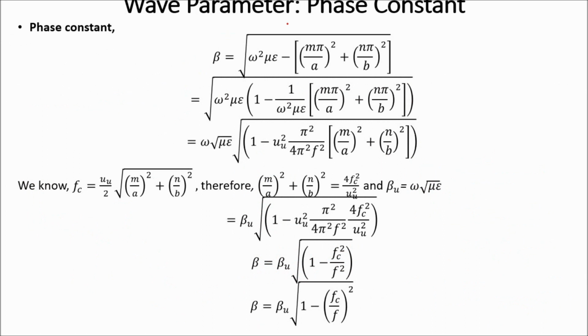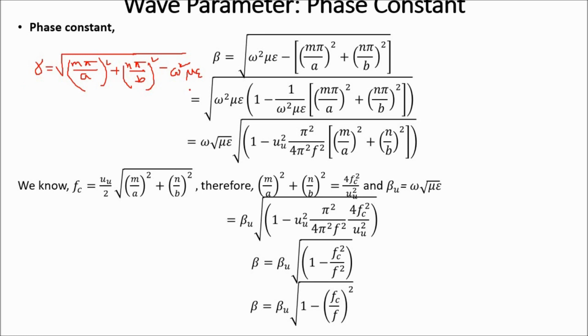Now we need to find wave parameters like phase constant. The phase constant beta, to find this beta, we know gamma has the expression like this: gamma equals the square root of (m pi over a) squared plus (n pi over b) squared minus omega squared mu epsilon.